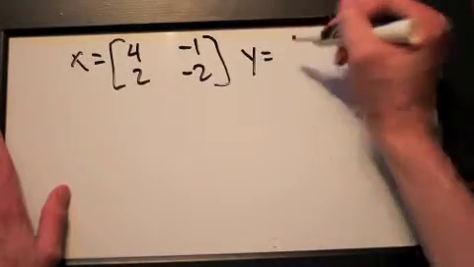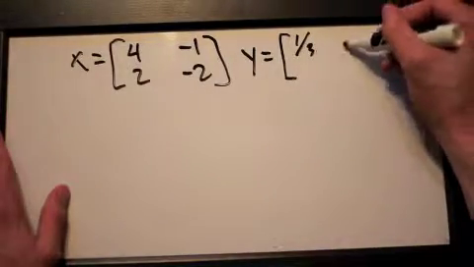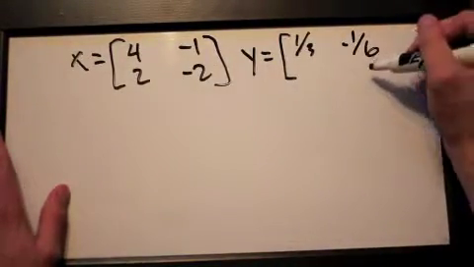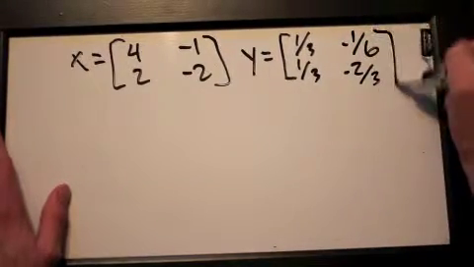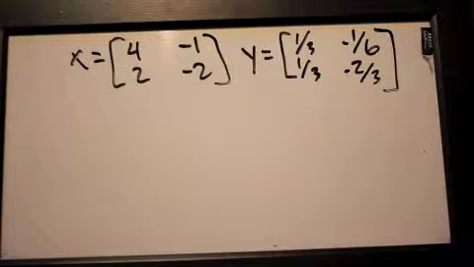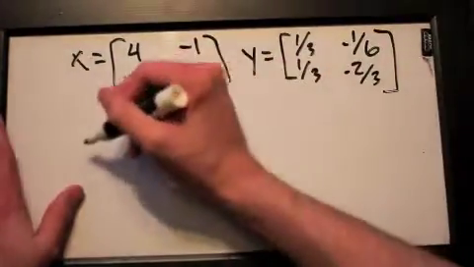And we get another matrix, let's say 1/3, negative 1/6, negative 2/3, and 1/3. Okay? How to tell whether they are in fact inverses is to just multiply them together, and if it comes out to be the identity matrix, then they are in fact inverses. So let's multiply these two matrices together.